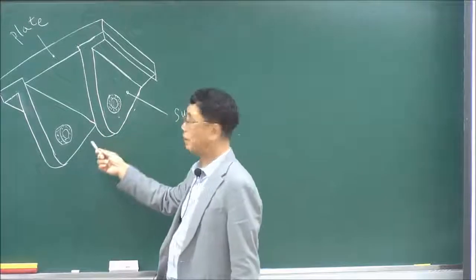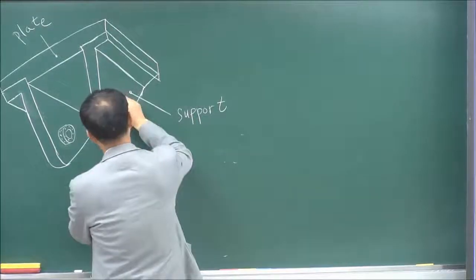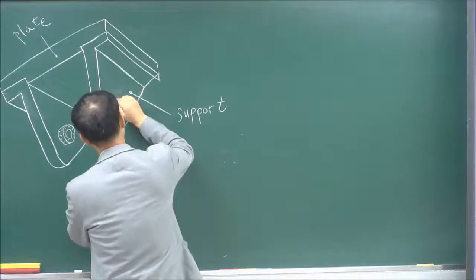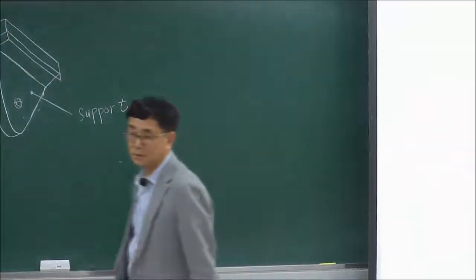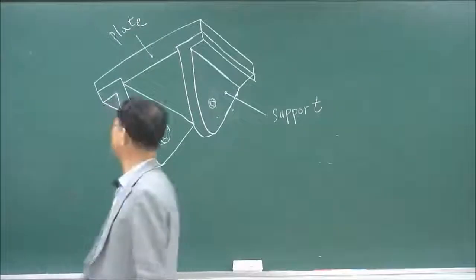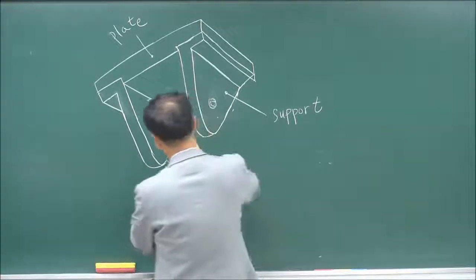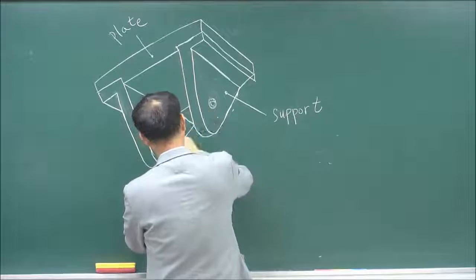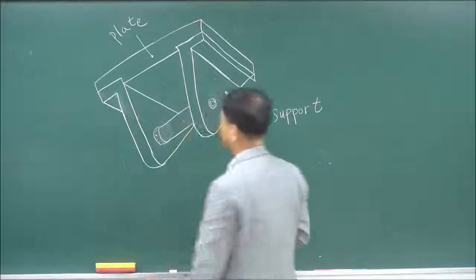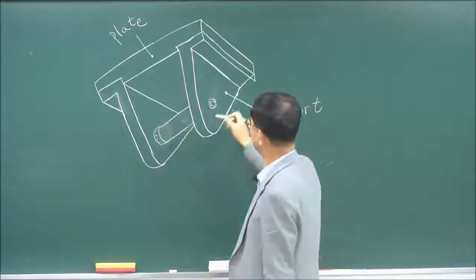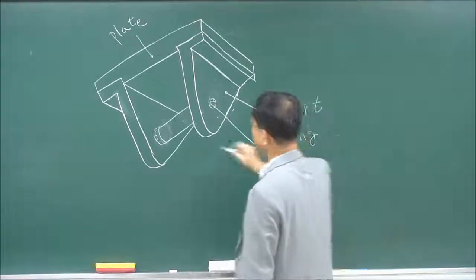Oh, this is a little large, so this is smaller, something like that. Now the bushing is assembled, and now the shaft has to be assembled. If the shaft is assembled, then it looks like this. This is a bushing. This is a shaft.